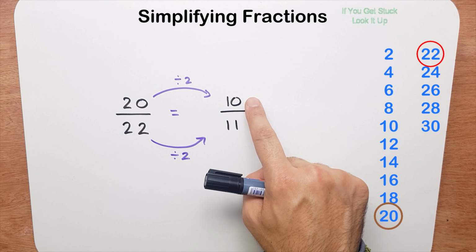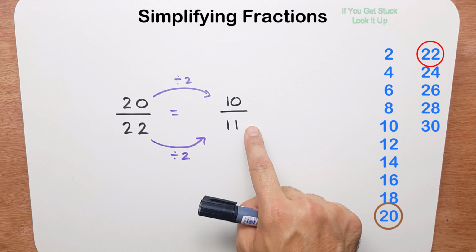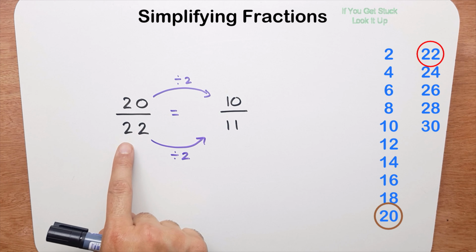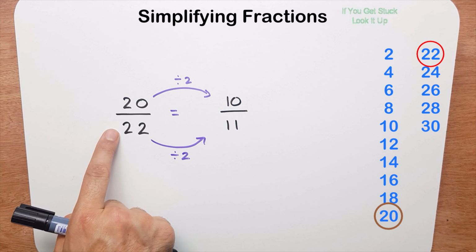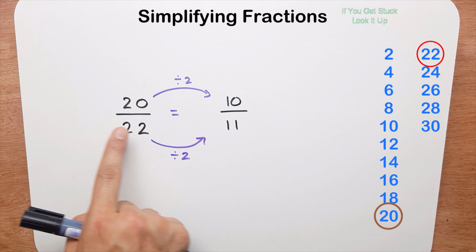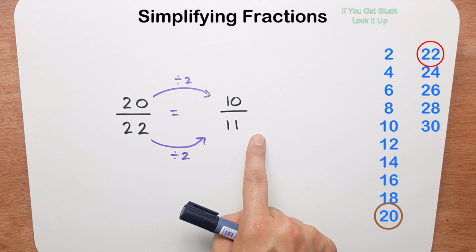So now I have 10 elevenths. I can't simplify this any further, so I can say 20 22nds simplifies into 10 elevenths.